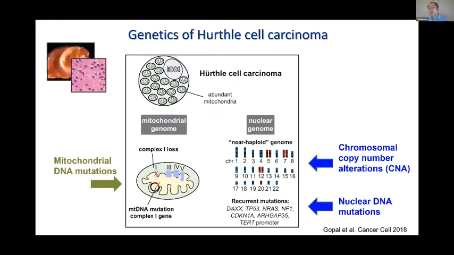Now, a few words about Hurthle cell carcinoma. As we discussed before, this is now a separate type of thyroid neoplasm. Morphologically, this tumor is characterized by being composed of cells with a lot of cytoplasm, which is very granular due to accumulation of numerous abnormal mitochondria.